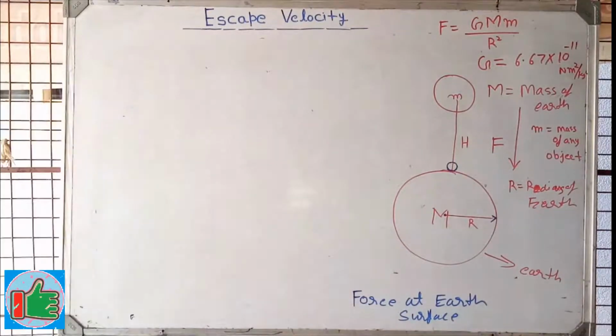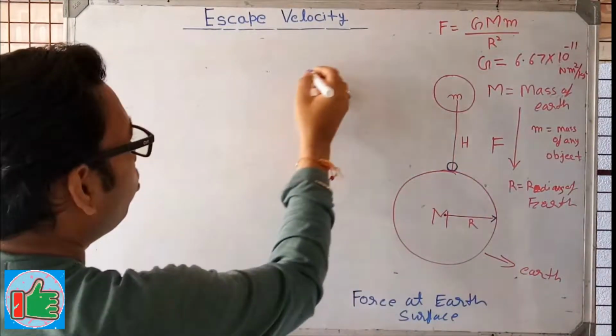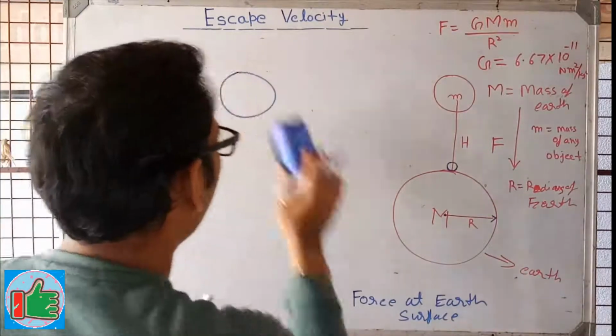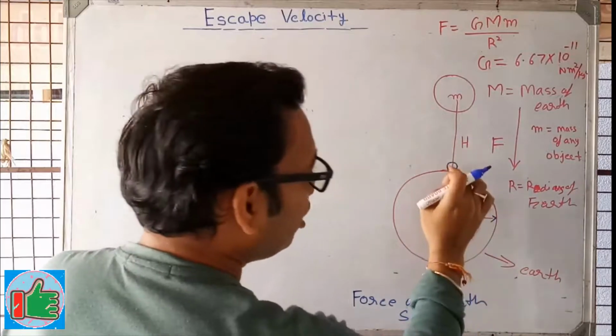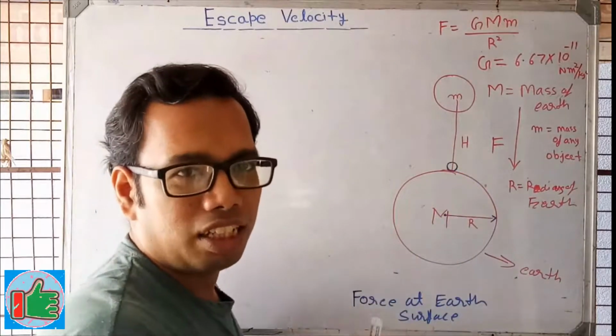Okay, so to find out the escape velocity, it means if two objects are there, or I will define here only, this object wants to escape from the earth's gravitational force.